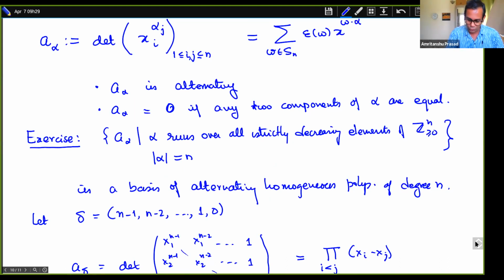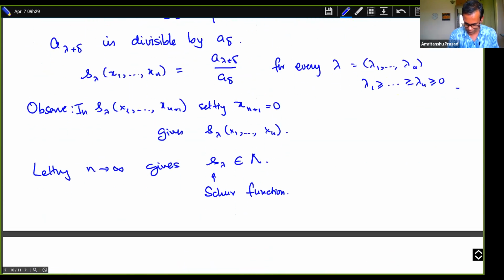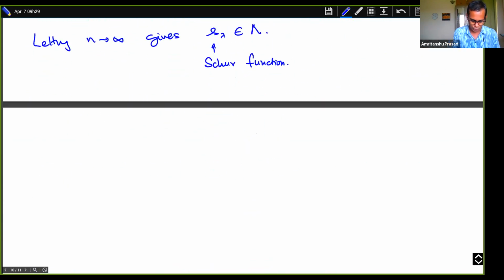And using that, you can show that these Schur functions must form a basis of symmetric functions. And that's how one traditionally shows that Schur functions form a basis. Okay, but we'll use a slightly different approach here because it is going to be important in how we define other bases like Hall-Littlewood symmetric functions and Macdonald polynomials.